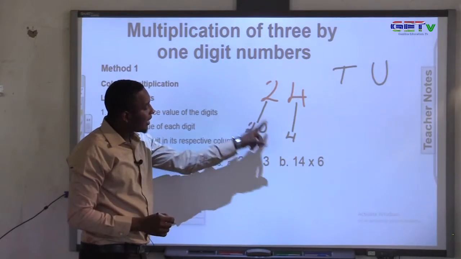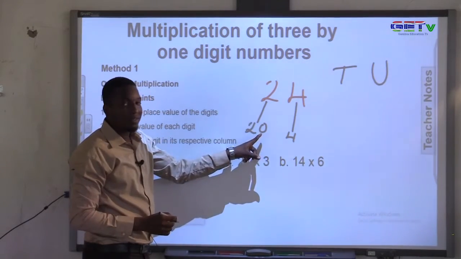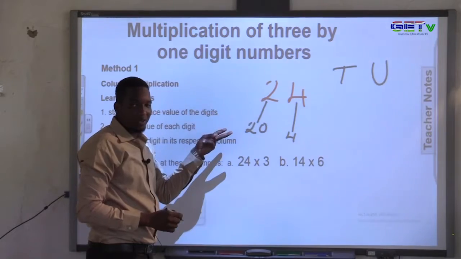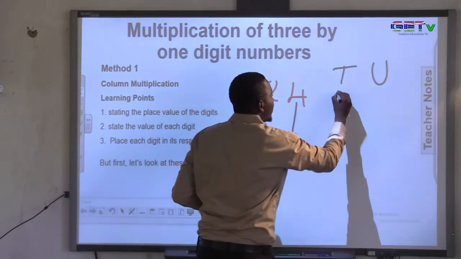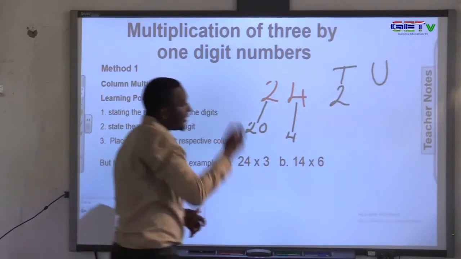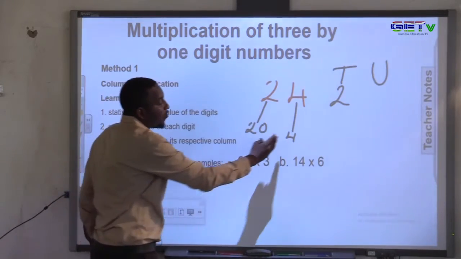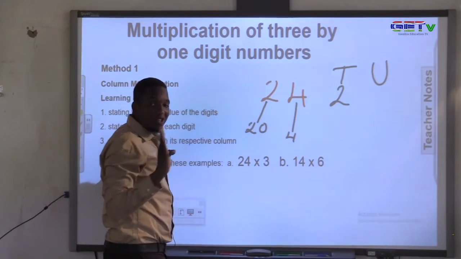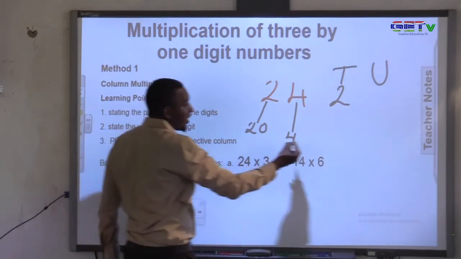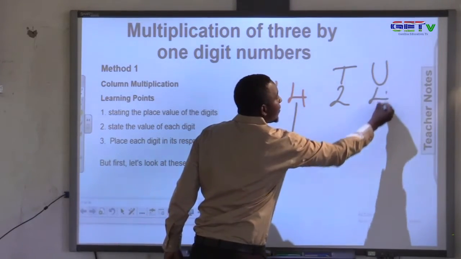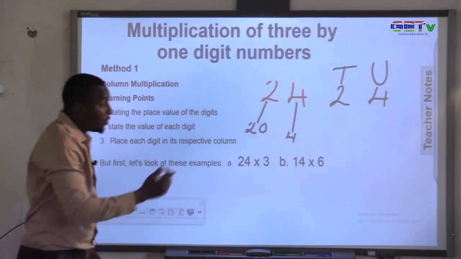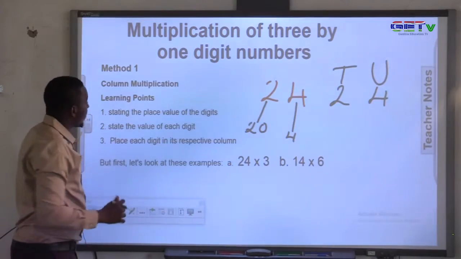How many tens are in 20? We have 2 tens in 20. So this is going to give us 2 under the tens column. From there, we have 4. Well, 4 is just a unit. So we are going to write 4 under the units. After which, we are going to start the operation.